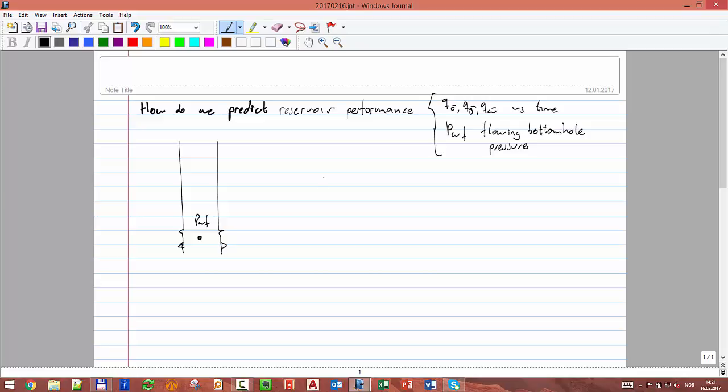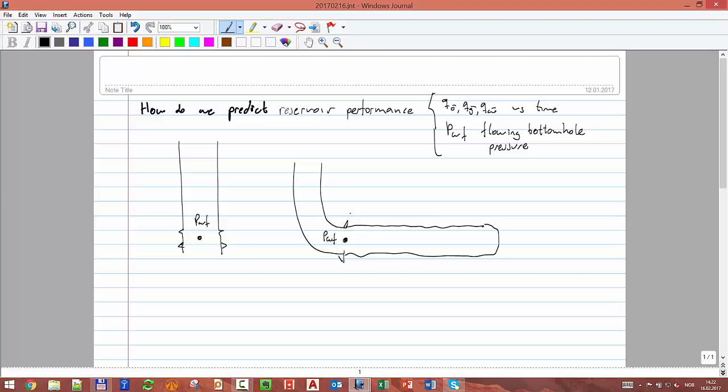Now, let's say that we are talking about a horizontal well that I have here. Up to here I have the casing, and then I have some open hole section. What will be my flowing bottom hole pressure in that case? I can put it here, PWF, for example.